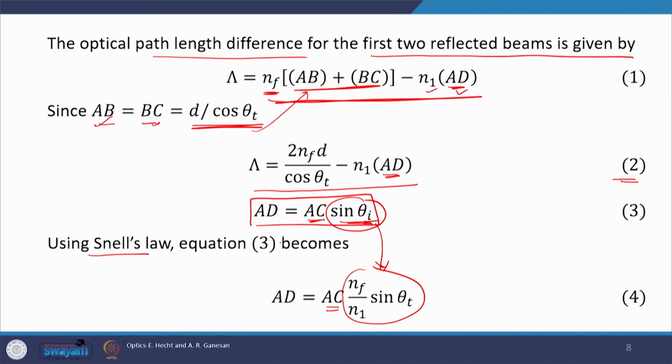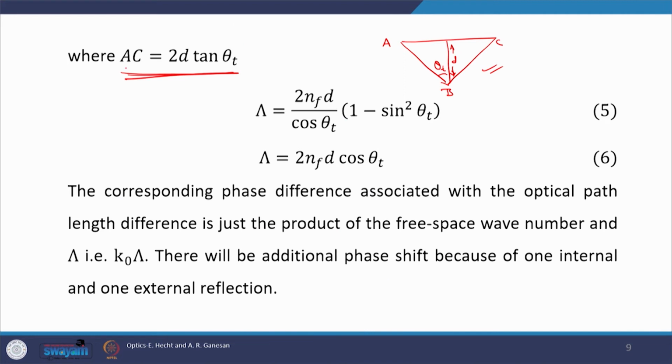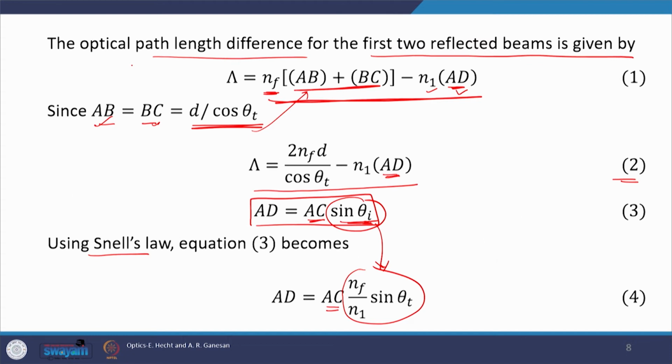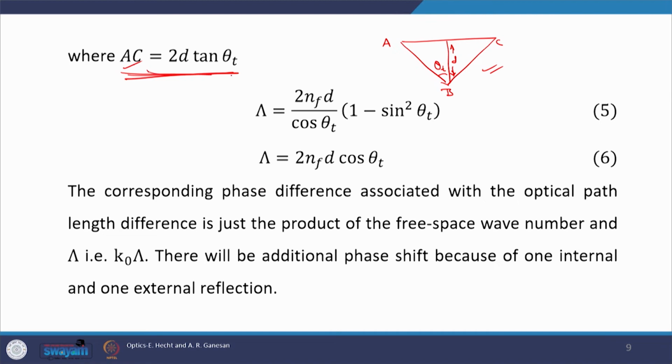Now, there is no unknown quantity. We can substitute the expression of AC into equation number 2. Both AD and AC are replaced with these expressions, and this ultimately gives us the expression for optical path length difference, which is represented here by capital lambda.